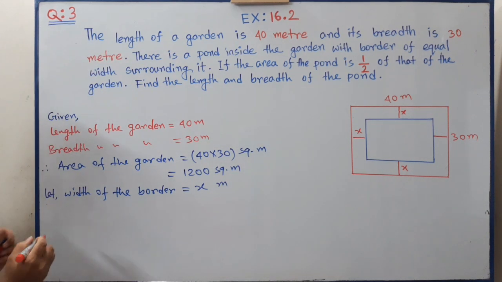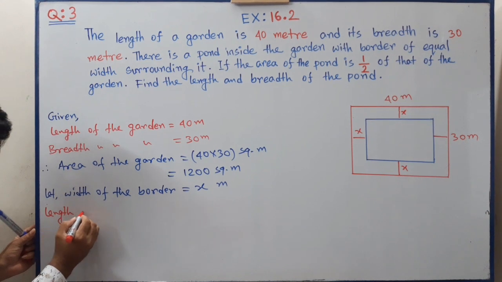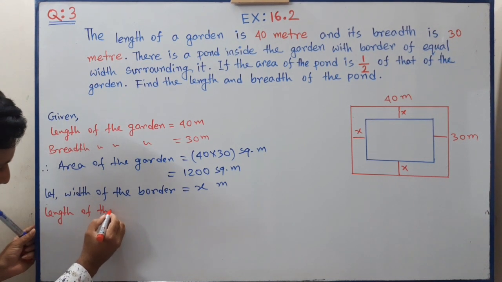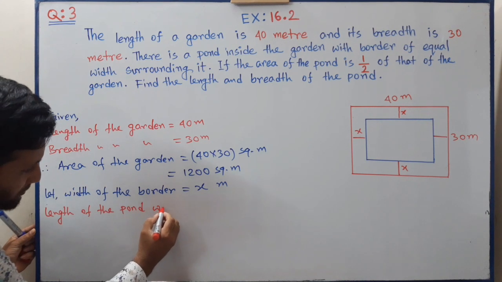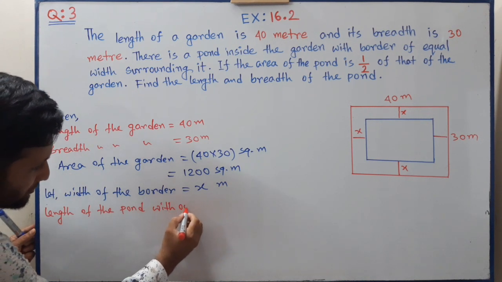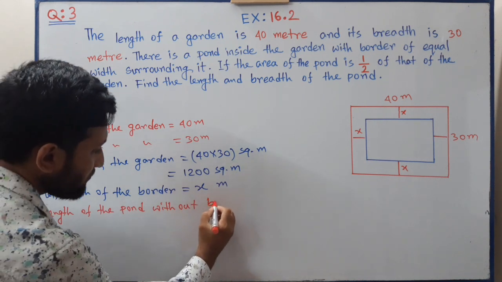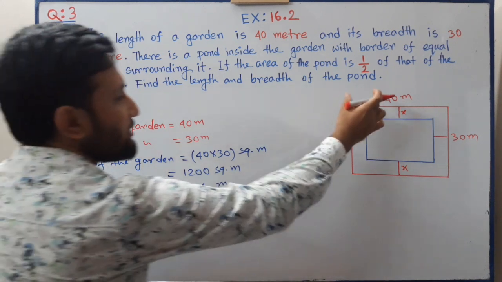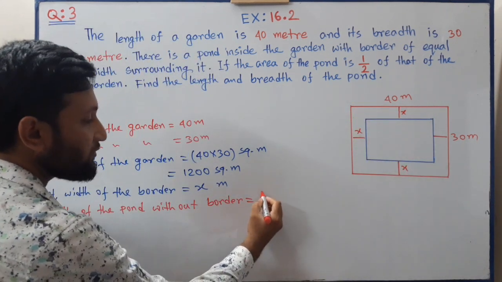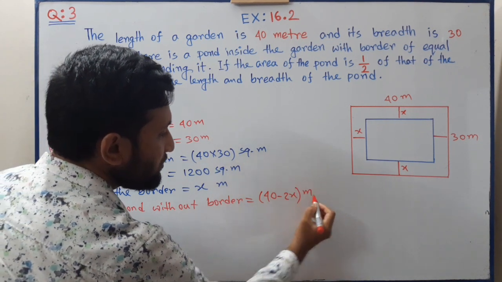So we can write length of the pond without border is equal to 40 minus 2x meters.